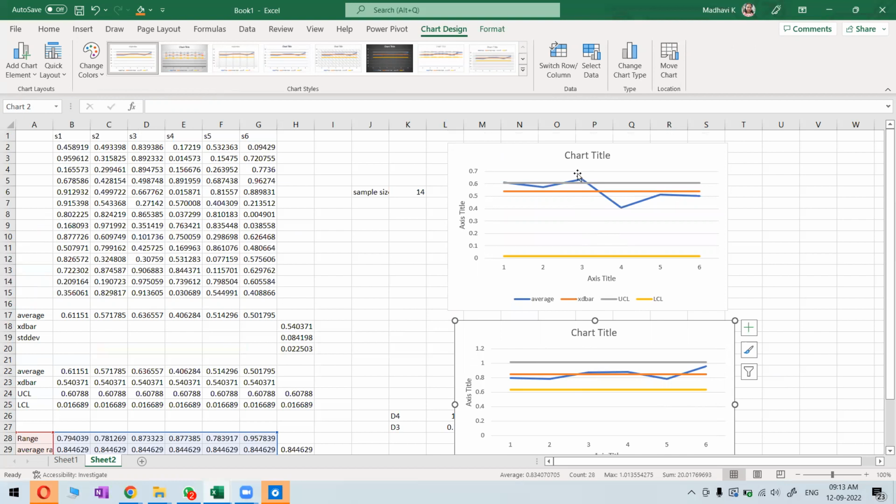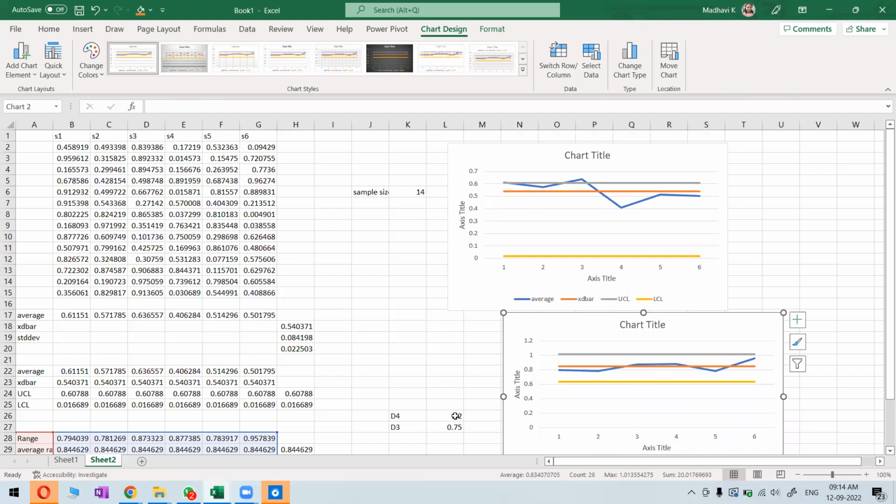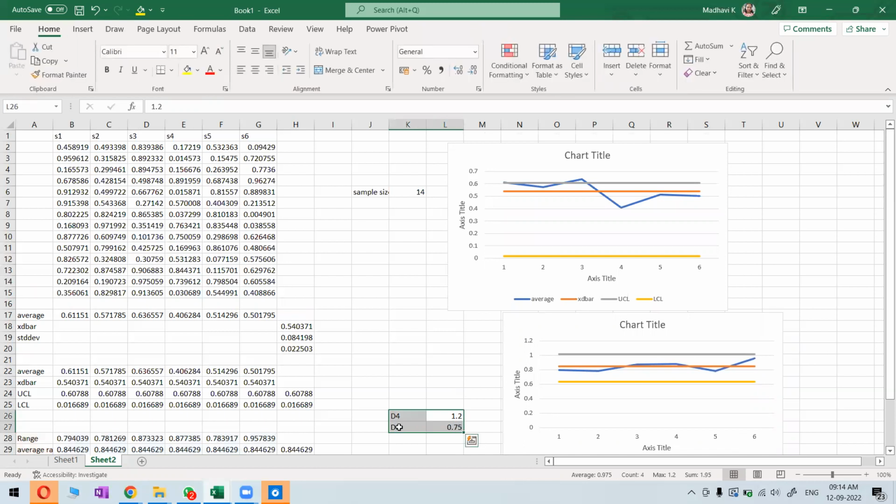When it comes to the average, there is some out of control value, and when it comes to the ranges, we are still fine. But as I said, it all depends upon the D3 and D4 values, which provide the UCL and LCL values. So these values become very important. In this case, I have taken some random values. So this is how X bar and R charts are made.